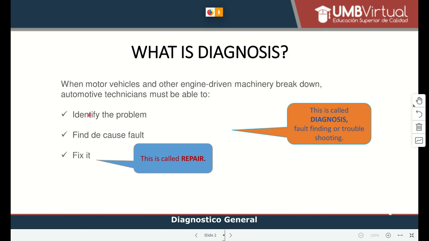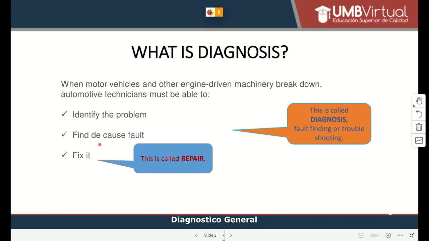But identify the problem. Normally, what dealers and technicians do, or the boss, let's say the shop foreman, is reproduce the fault, and try that way to find the component, the cause of the fault, and then fix it. There are brands out there that do that kind of procedure. So they reproduce the fault, but this is given by the manufacturer.